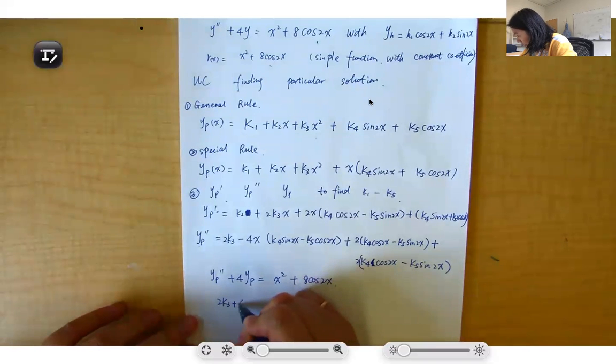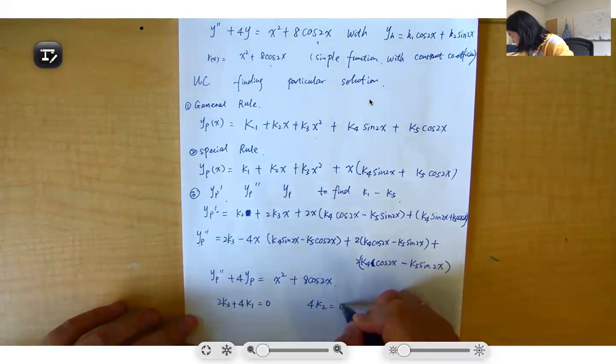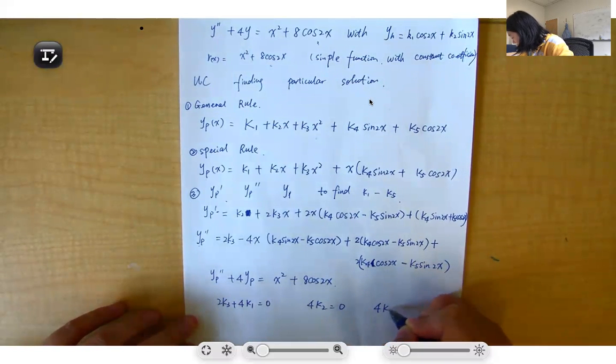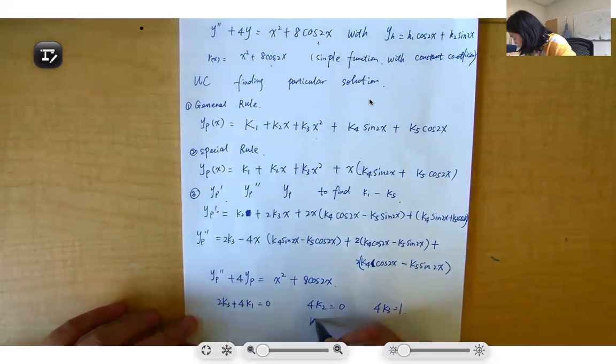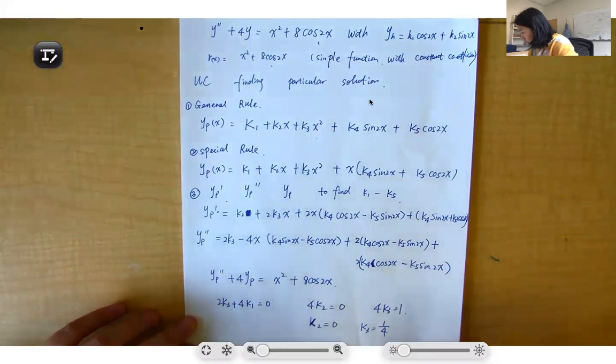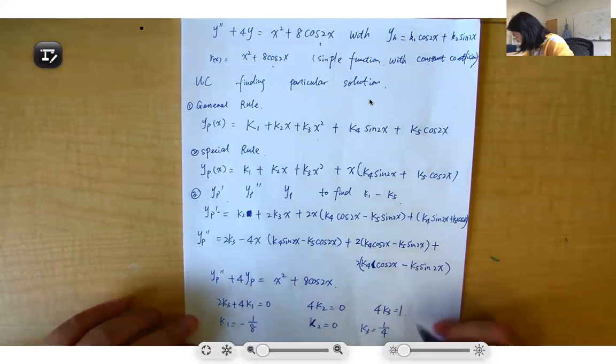2k3 plus 4k1 equals 0, 4k2 equals 0, 4k3 equals 1. So you can get k2 is 0, k3 is 1 over 4. Then you can get k1 equals minus 1 over 8.